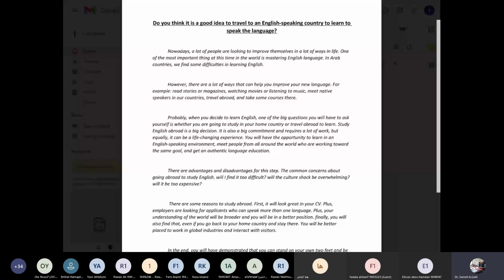She spoke in the body paragraphs about the essay prompt. So you have this tension, okay? You don't know where she stands. In the introduction, she didn't rephrase the idea of whether it's good to travel and learn English in an English-speaking country or not, right?